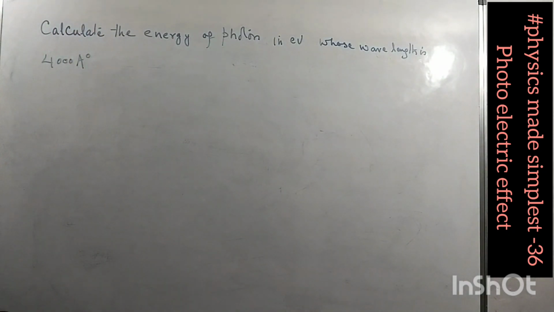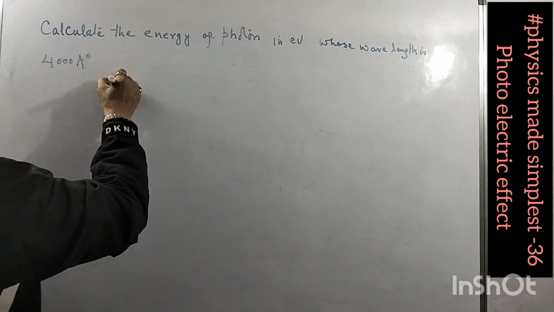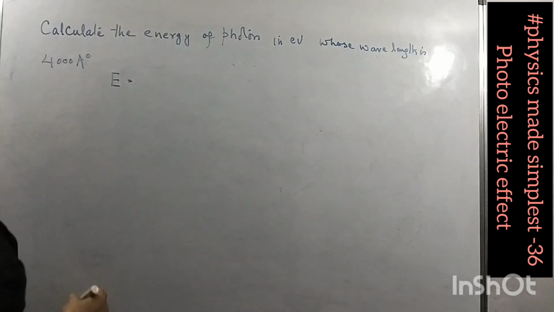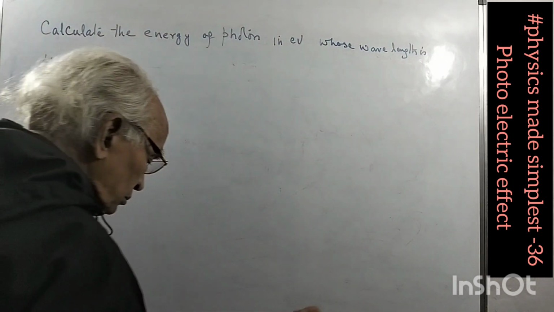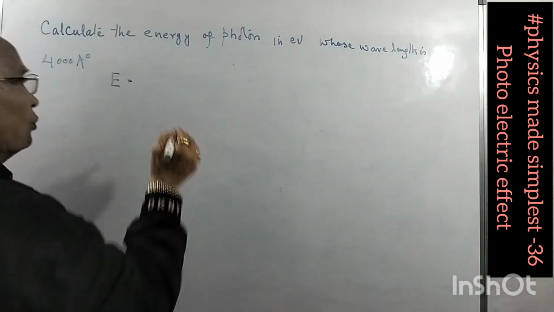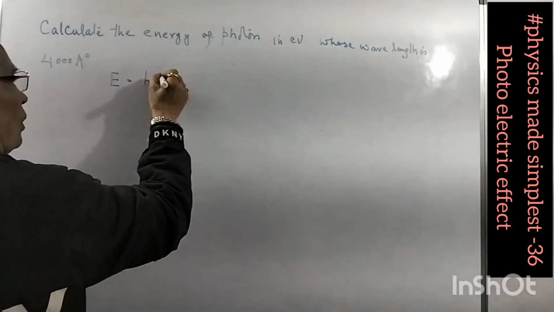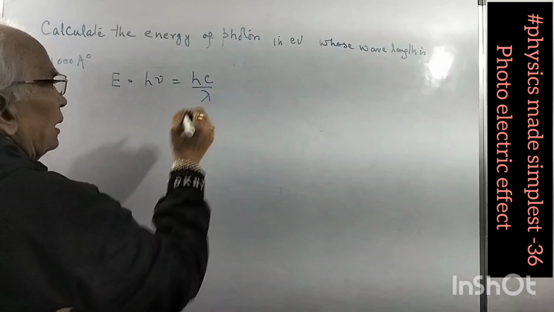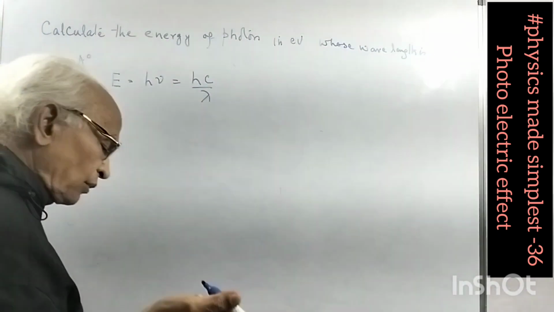Simple thing. We know that energy E is equal to h nu, or hc over lambda. Lambda is the wavelength, c is the light velocity.